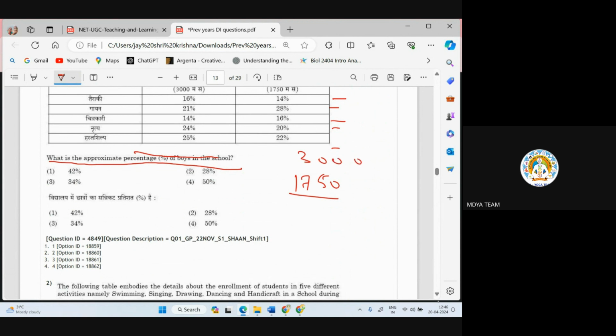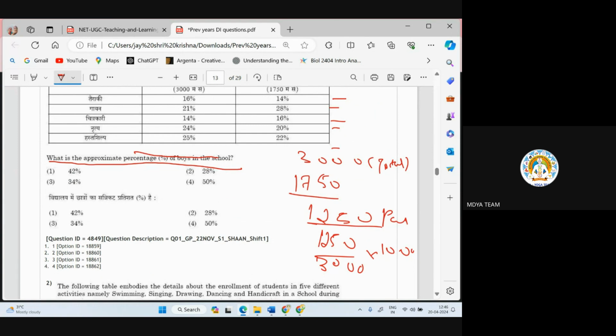The number of boys will be 1250. So you know the part, you know the total. What is the formula for percentage? Part upon total into 100. Very good. This is the best way to do this question.